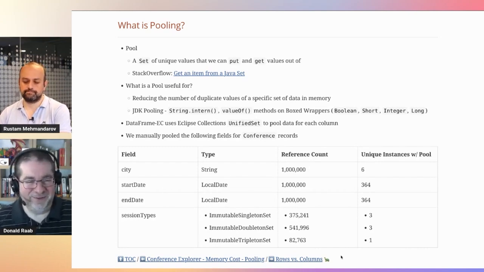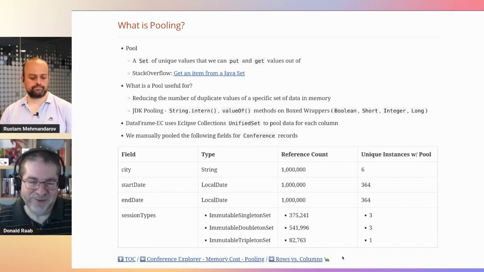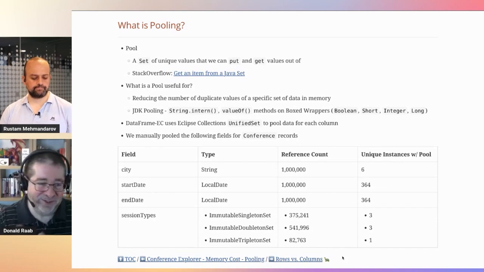And then, as it turns out, session types, which Rustam talked about before with the CSV data, we've got, let's say, talks, workshops, lightning talks, right? So it's a combination of either 1, 2, or 3, and then the combinations of those. And you can see in total you wind up with 7 instances. Now, what's interesting is when you use the Eclipse Collections immutable set, you wind up with named classes for each of the sizes.